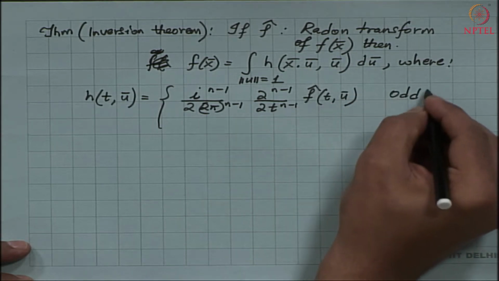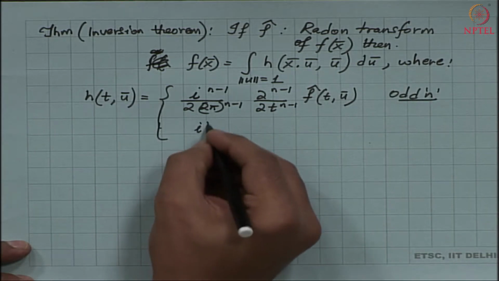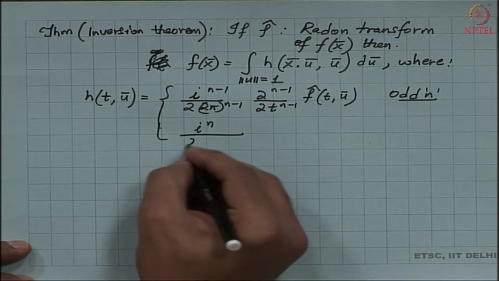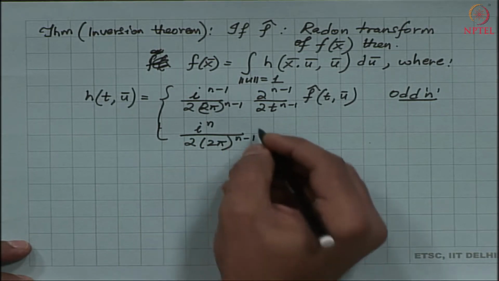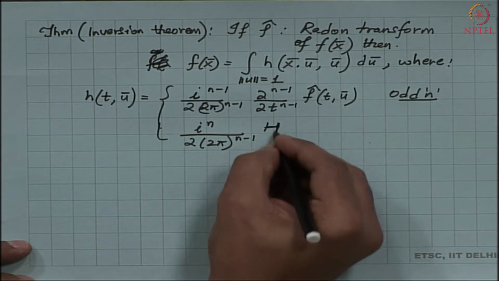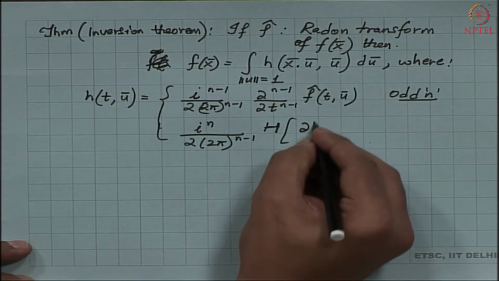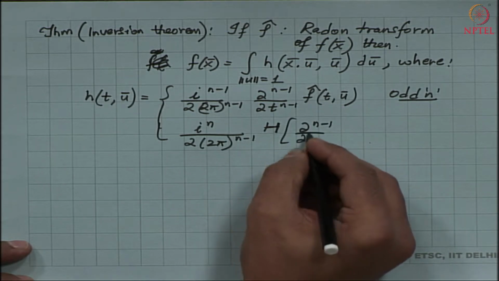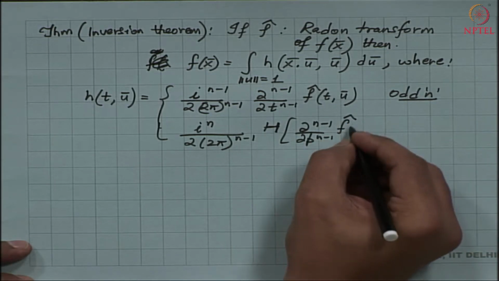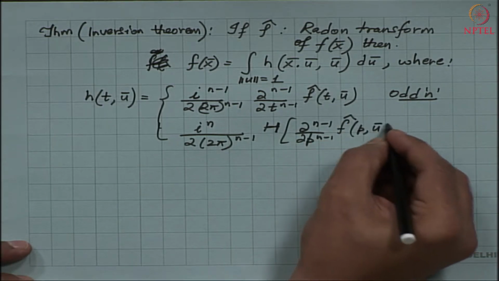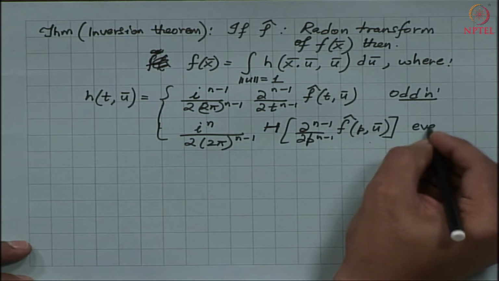So, this is for odd n, and the other one is for even n: i to the power n divided by 2 pi to the power n minus 1, times the Hilbert transform of the following quantity, the n minus 1th derivative of the function f hat of p comma u. Okay. So, this is for even n.